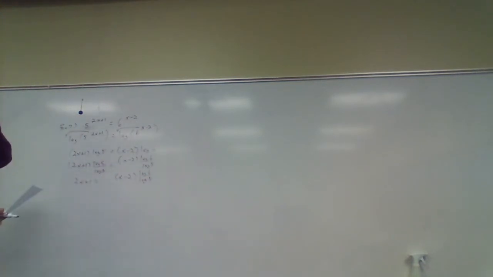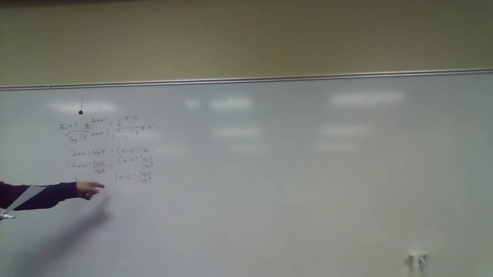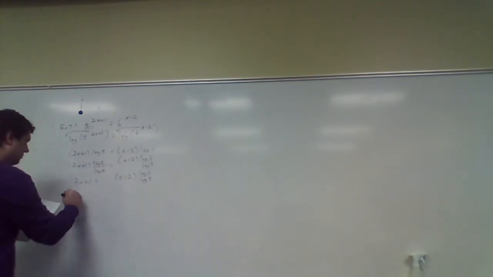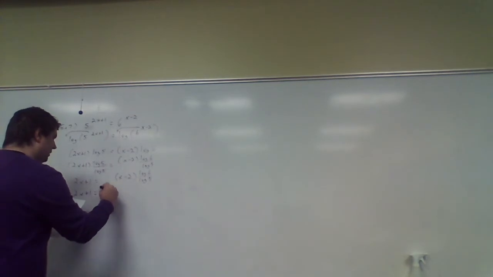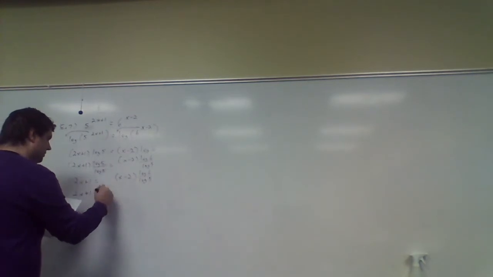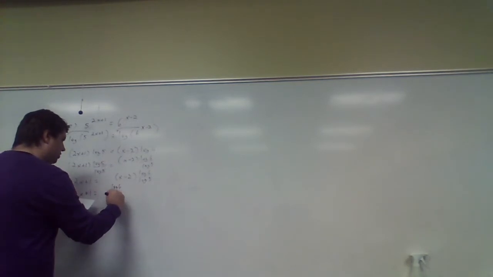Now, what you need to do next is get these x's to one side, like your written copy of this tells you to do. To do that, you need to distribute this out. So you'll have 2x plus 1 equals x times log 6 over log 5, minus 2 times log 6 over log 5.